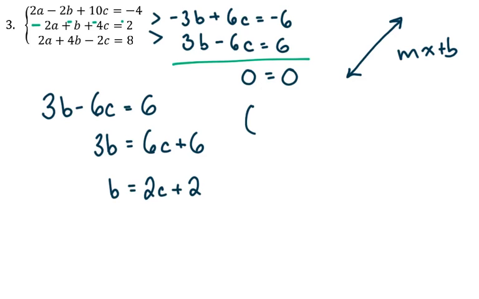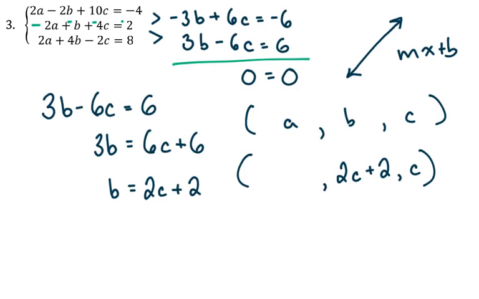So when we think about our ordered pair, we're going to have an A, a B, and a C. And now we know that B can be written as 2c plus 2. C can just stay as C, so then our goal is to rewrite A in terms of C so that we have one variable throughout.